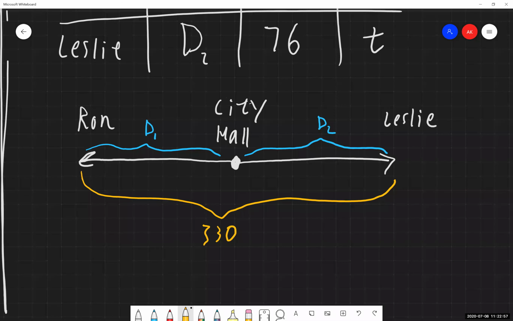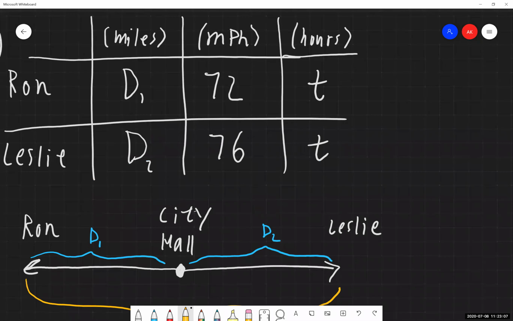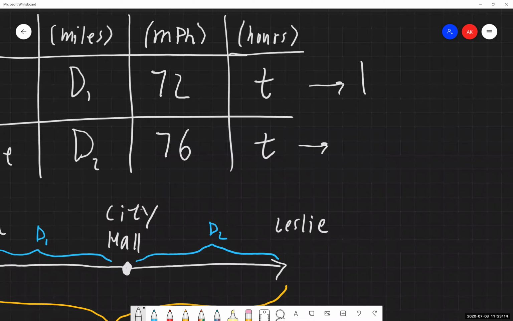So we are going to be using a similar process to our previous one, which is we're going to break this whole 330 miles down to an equation. And then we're going to rewrite each of our parts from the table as equations as well. Because our goal with these is to make these generic mechanical math problems.